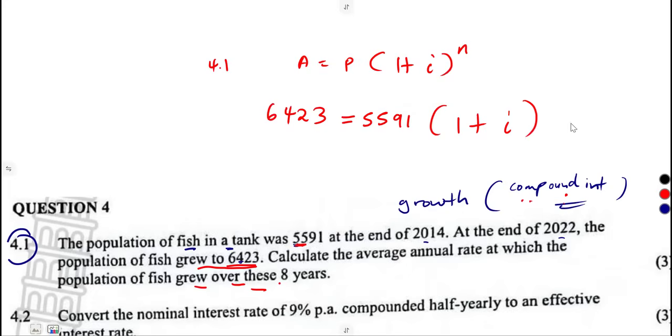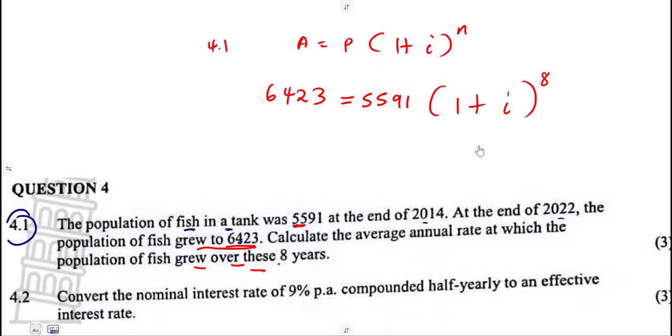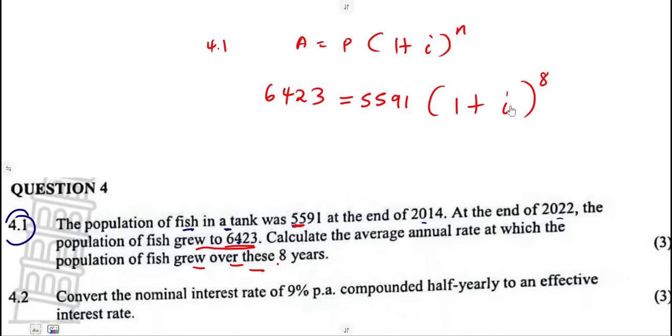But you're given the number of years, which is 8. It's an annual rate, per annum, so there's no effect of any compounding. So let's find i.